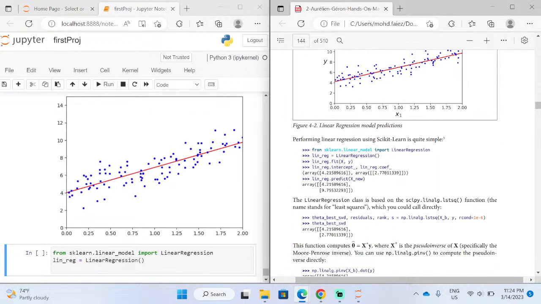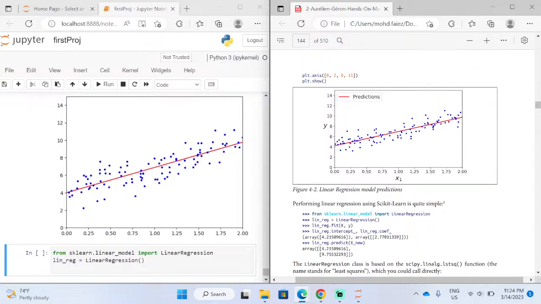And then we will do the fit operation, so there is x comma y.